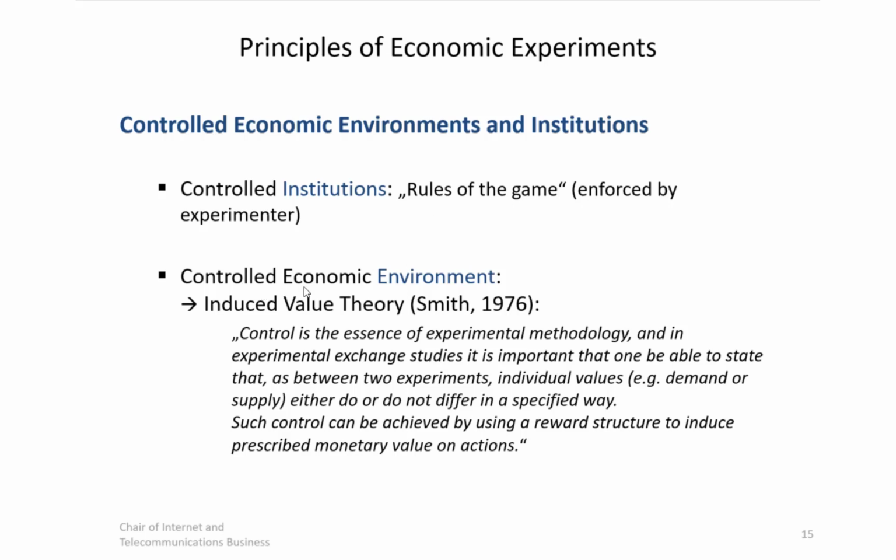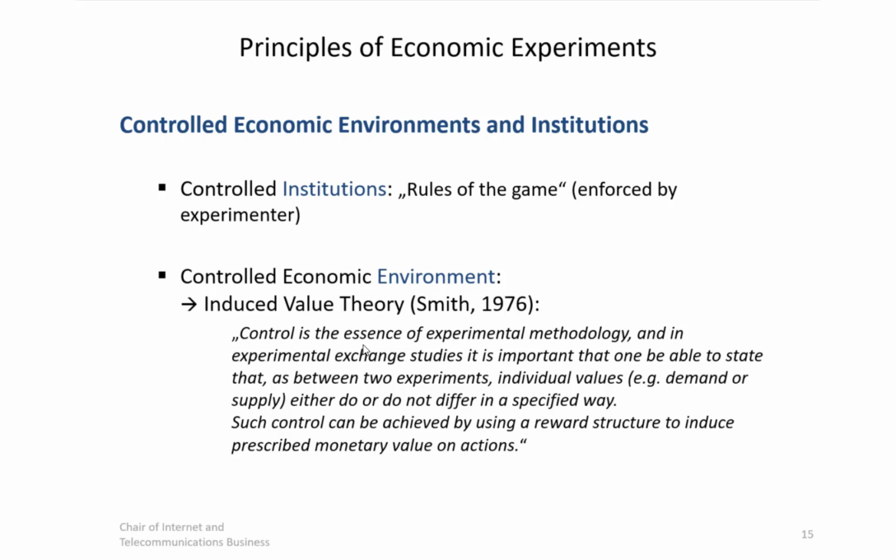Next, a controlled economic environment is basically what Smith in his 1976 paper called induced value theory. What is this? Control is the essence of experimental methodology, and in experimental exchange studies, it is important that one be able to state that as between two experiments, individual values, demand or supply, either do or do not differ in a specified way.